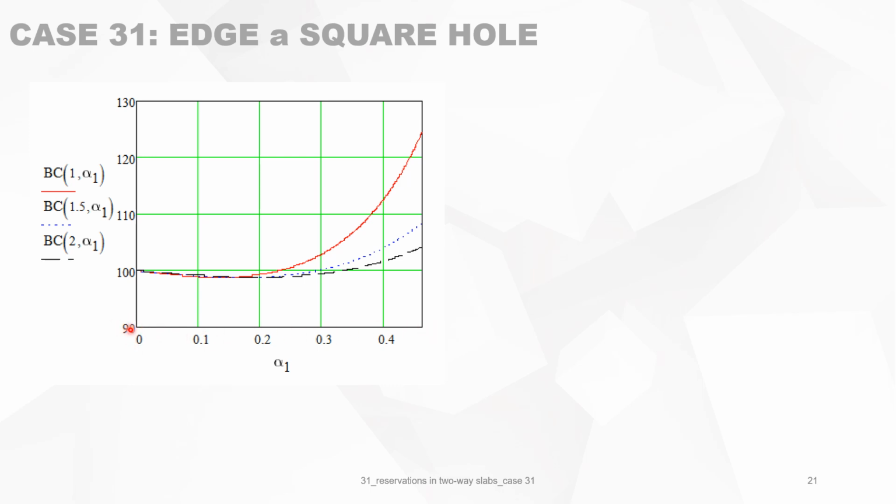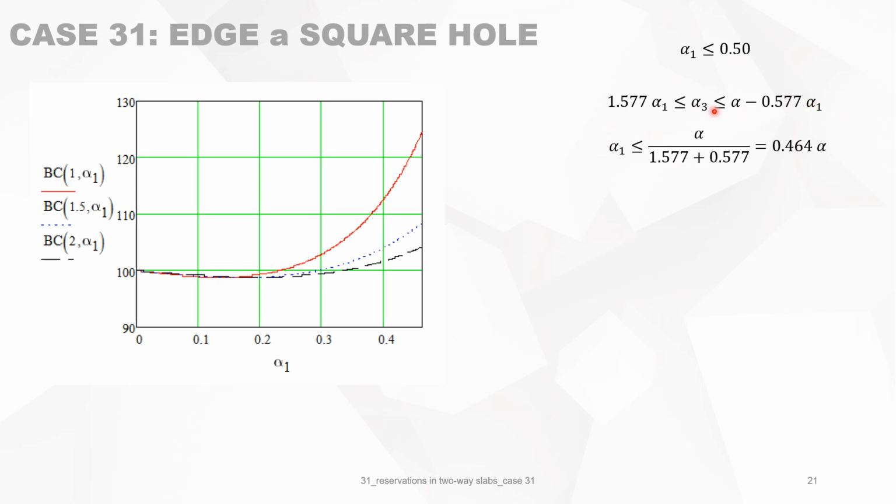X-axis is the size of the reservation, y-axis is the bearing capacity, and we do it for alpha going from 1 to 2. These are the green curves. These are the possibilities. We know that the condition was alpha 1 must be smaller than 0.5, and alpha 3 must be limited between those two values.